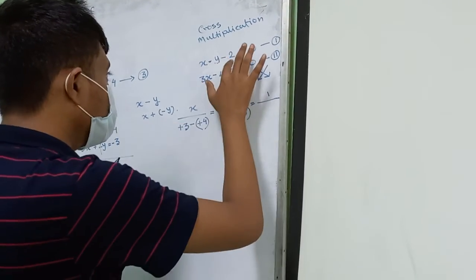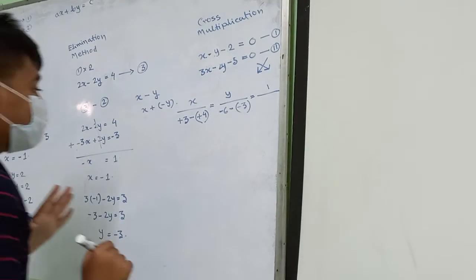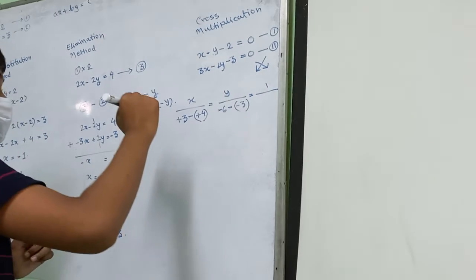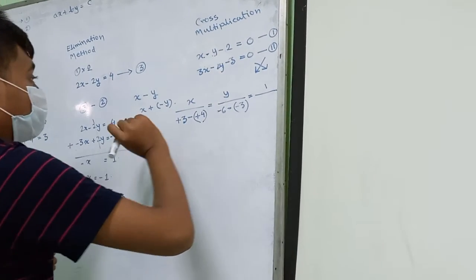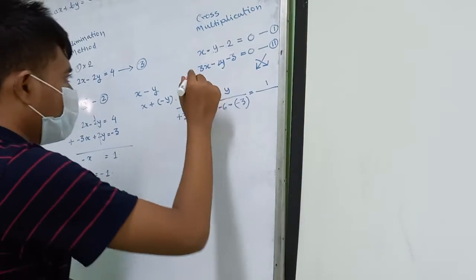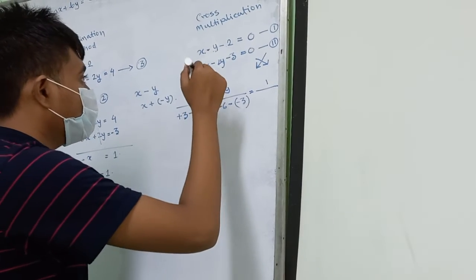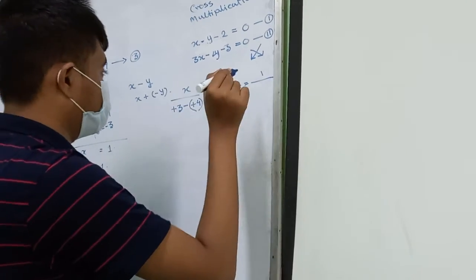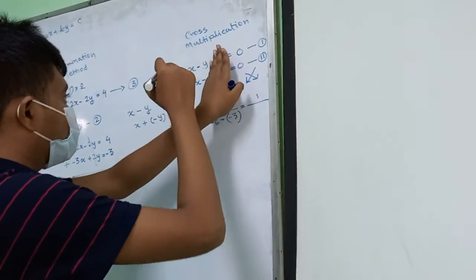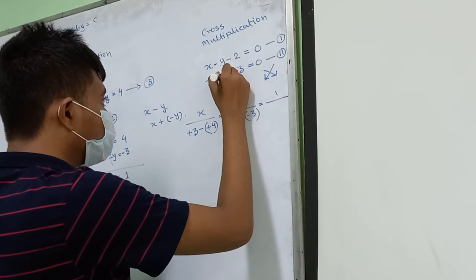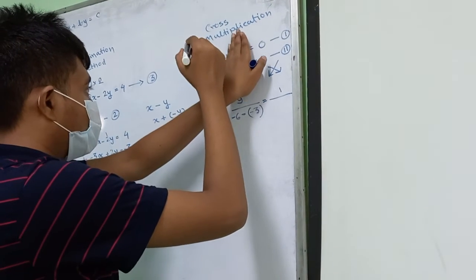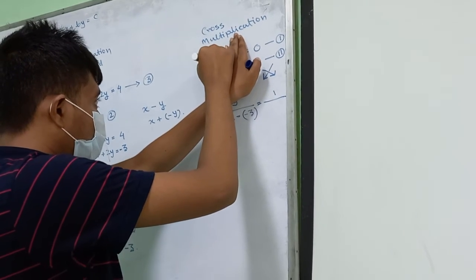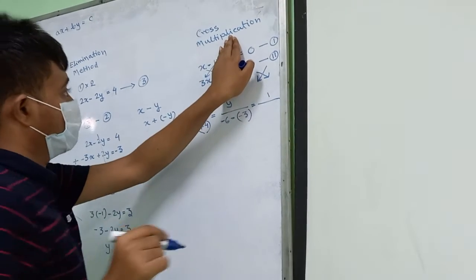Now for the constant part, we have to cover it and continue the process, following the same rule as the first one. Only in the y case do we multiply from the different direction, but for x and the constant case we start multiplying from left to right. So let's start multiplying. So it's 2. Just cover it up and start multiplying in this direction and this direction, right?